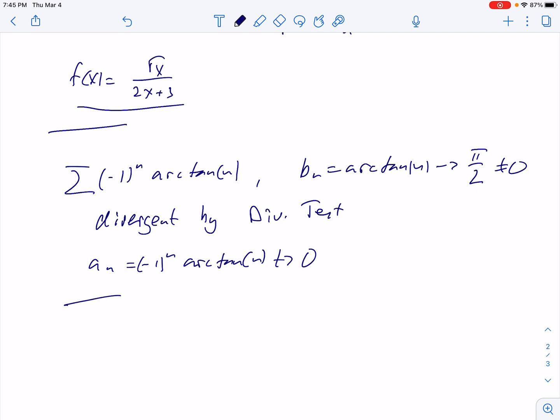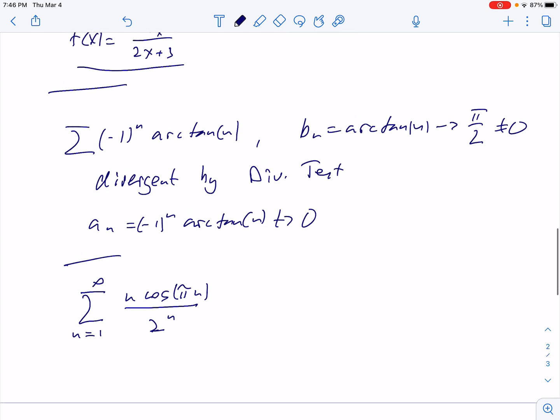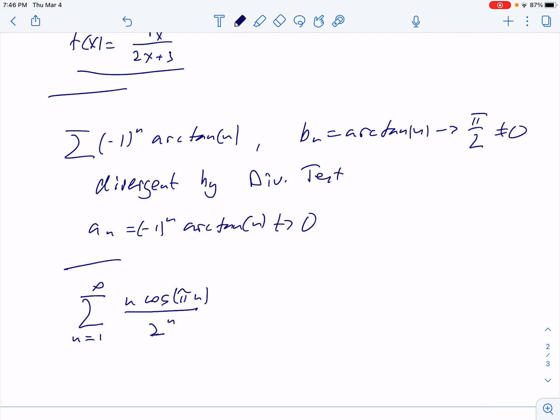Okay, next example. Look at the series n cosine(pi n) over 2 power n, n goes from 1 to infinity. Well, is this an alternating series or not? Actually, it is an alternating series because cosine pi n is nothing else but negative 1 power n.